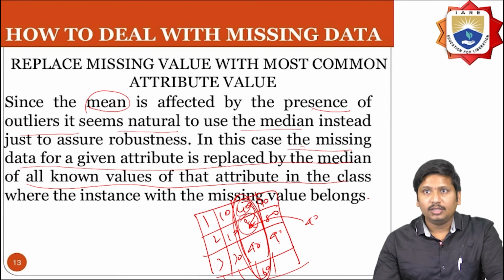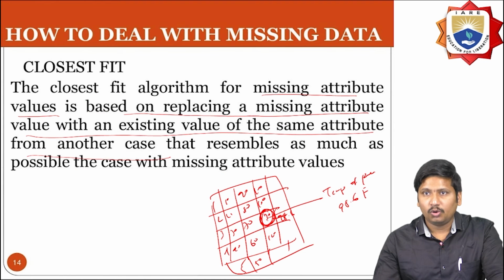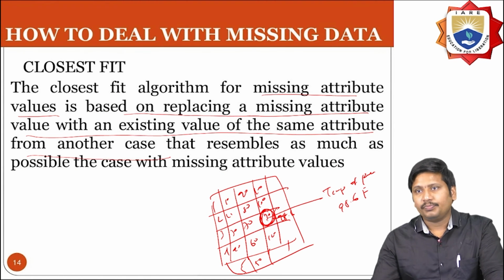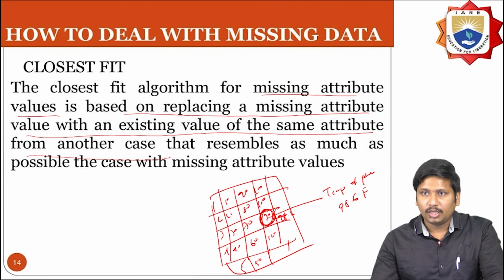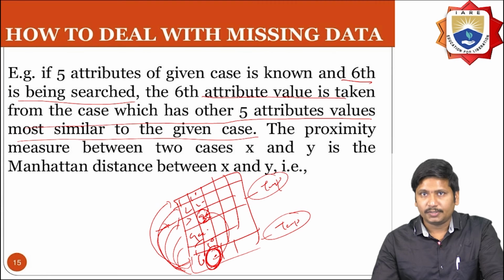Then filling the missing value with the most common attribute: the most common attribute available in the column and row, I can use to fill it. Then, according to the closest fit: suppose one row is closely related to another row. So what will happen? That one is going to be filled into the missing value. That is the closest fit.